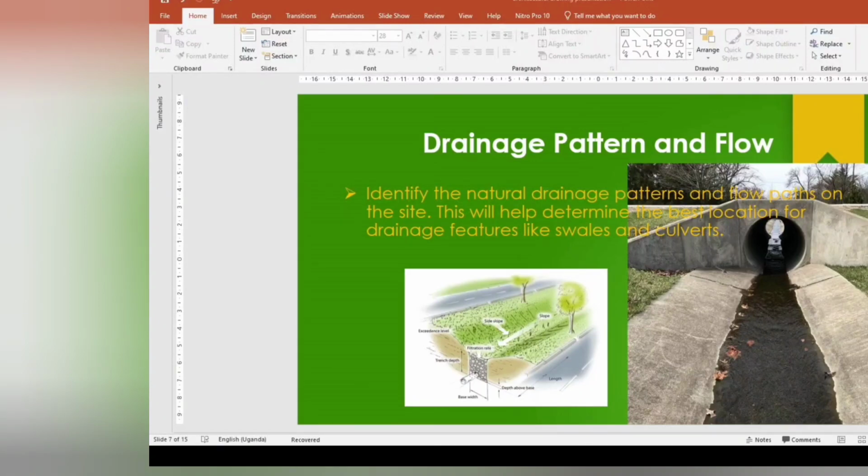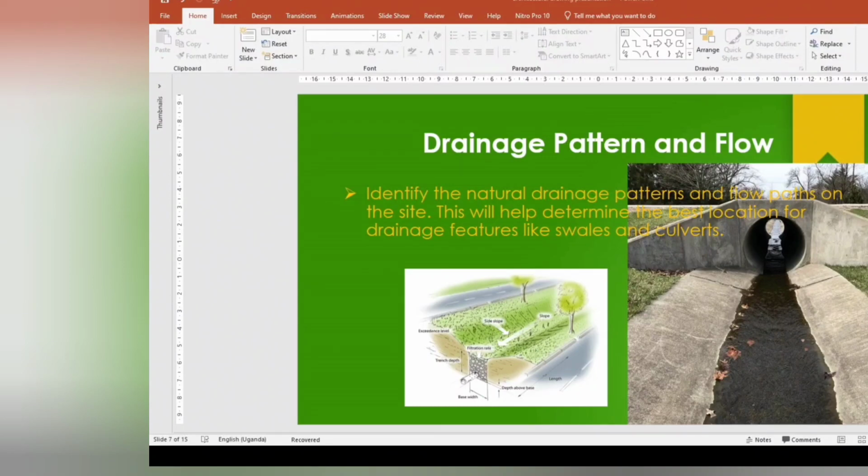Of course, you cannot just come from nowhere and start putting the drainage features like culverts. For example, from what we are seeing on our screen here, for you to achieve this, you must have first studied the drainage pattern and flow of the site.